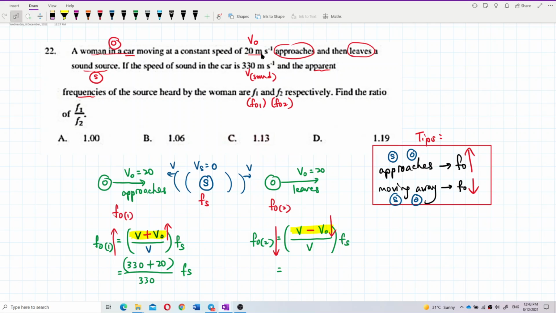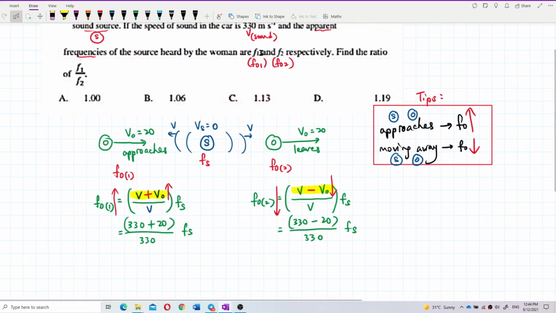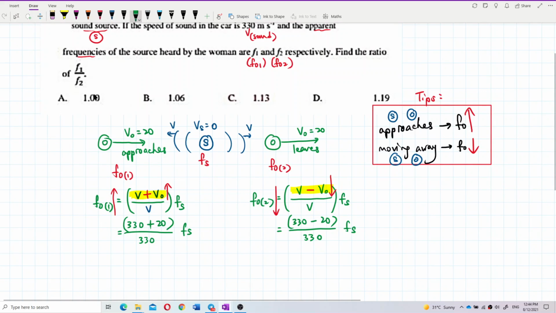And this one is 330 minus 20, and then over 330 Fs. Okay, so now put into a ratio. We want FO1 over FO2. This is what we want to find, isn't it? FO1 over FO2. So what do we get?